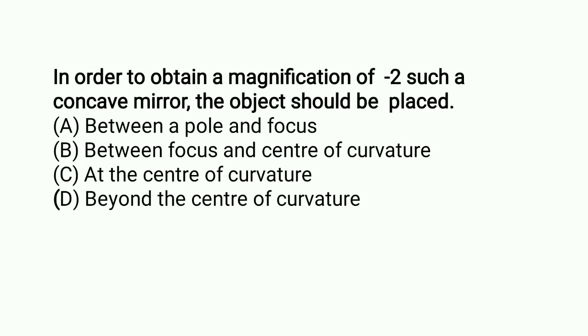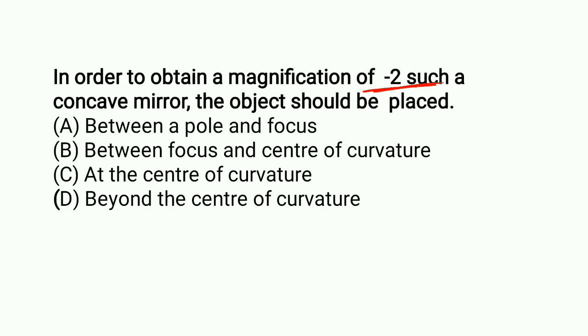Next question. In order to obtain a magnification of -2 with a concave mirror, the object should be placed where? Option A, we have between pole and the focus.